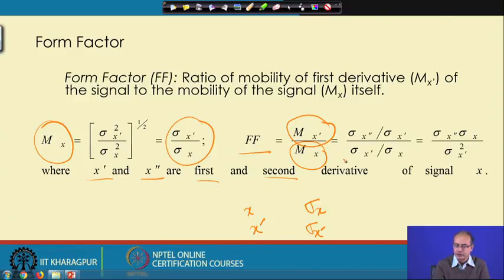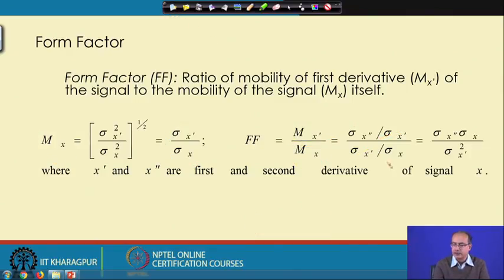After the simplification, these two terms they cancel each other, or no, they are not cancelling each other, so they come here squared. So, we have sigma double derivative into sigma x divided by the standard deviation of the derivative of the signal squared, that means the variance of the first derivative of the signal. So, that is the form factor.